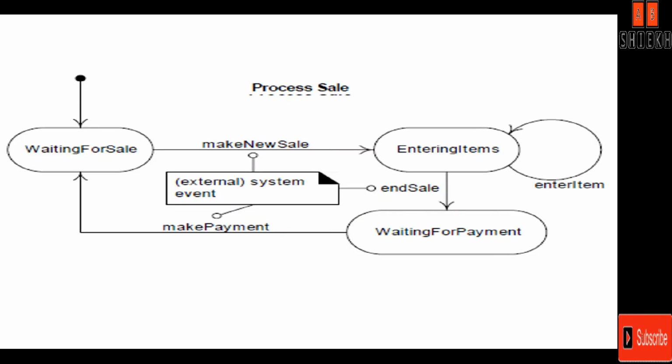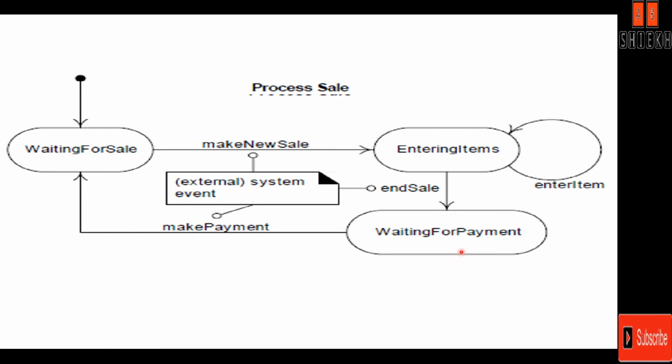Let's see an example. So in this particular figure, we have a use case state chart diagram which shows a simplified version of the system events for the process sale use case in the POS application. It illustrates that it is not legal to generate the make payment event if an end sale event has not previously caused the system to transition to the waiting for payment state.